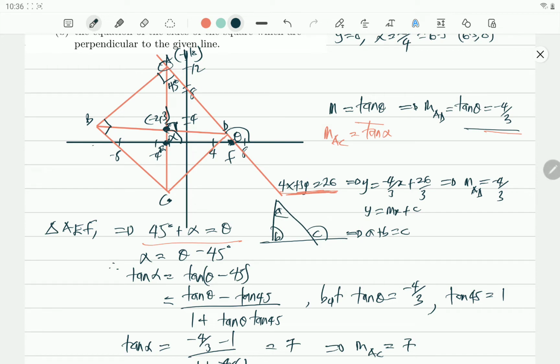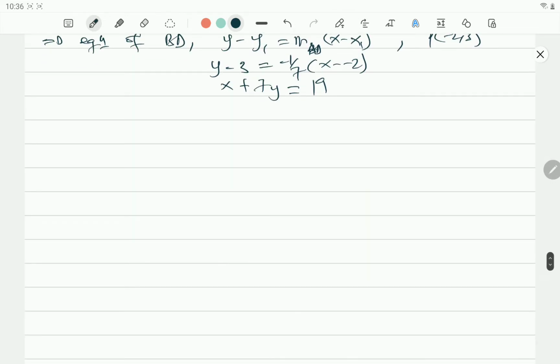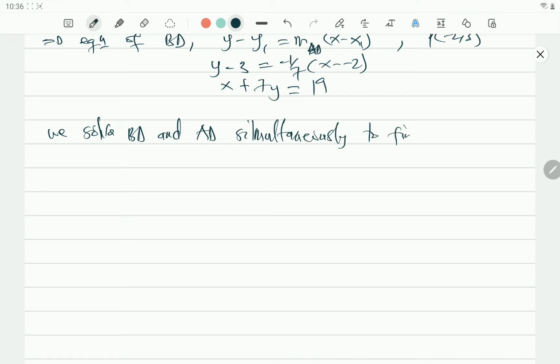So we solve BD and AD simultaneously to find D. BD we just found as x plus 7y equal to 19, and we already knew AD from the question as 4x plus 3y equal to 26.